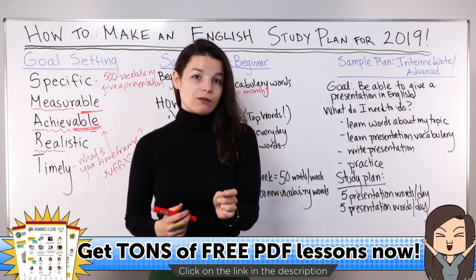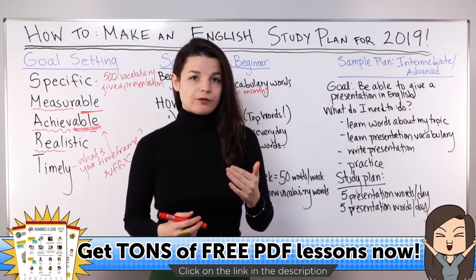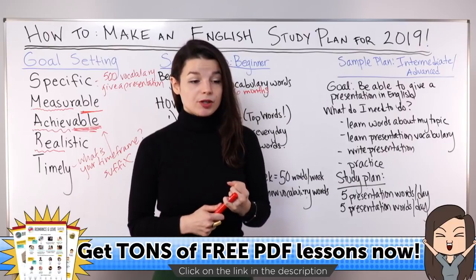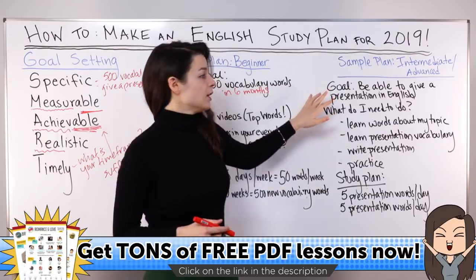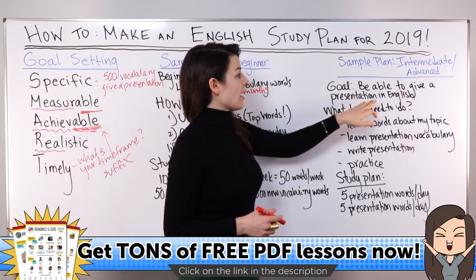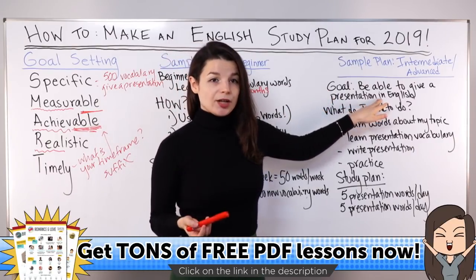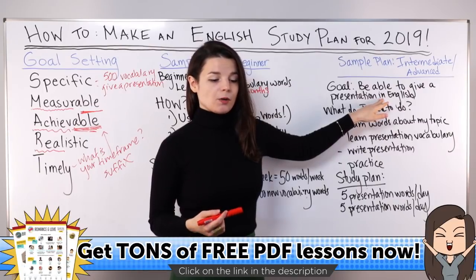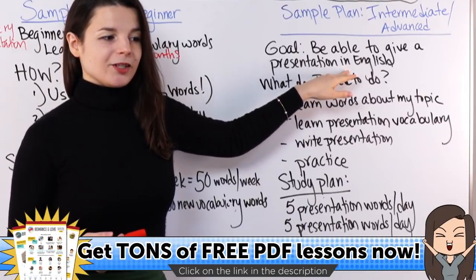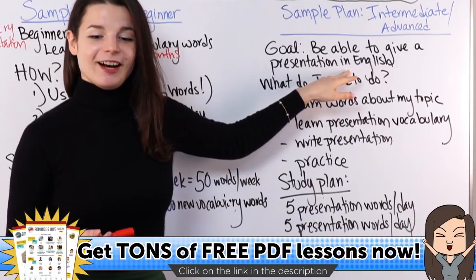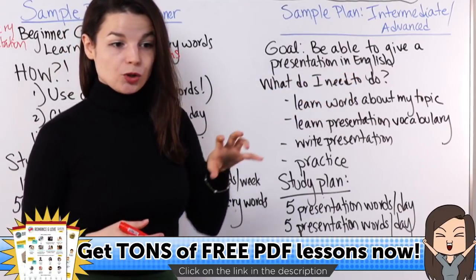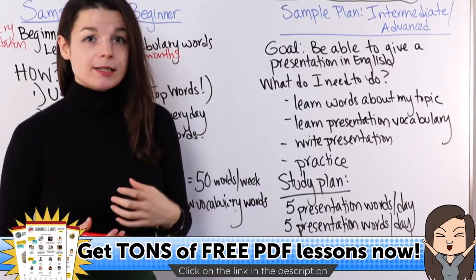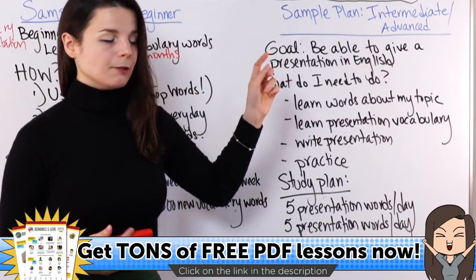So I know many of you are working on improving English for career opportunities. So for this goal, I want to imagine that we want to be able to give a presentation in English. I know that this is challenging and makes many people feel nervous. So I want to look at how to approach your studies if this is your goal for the year.